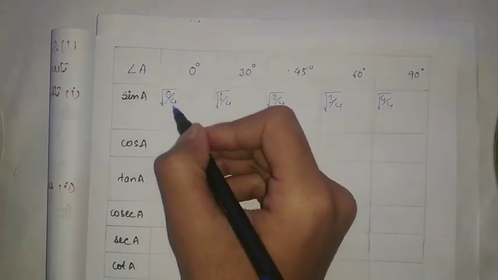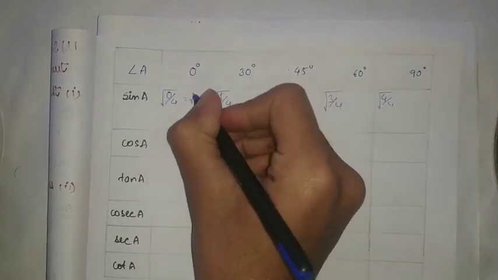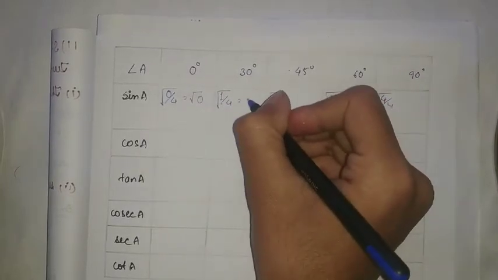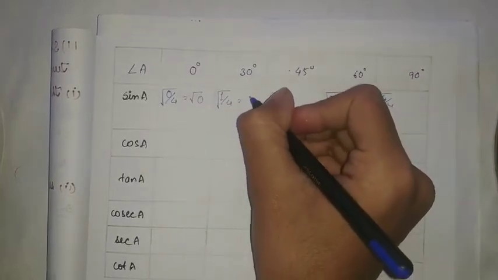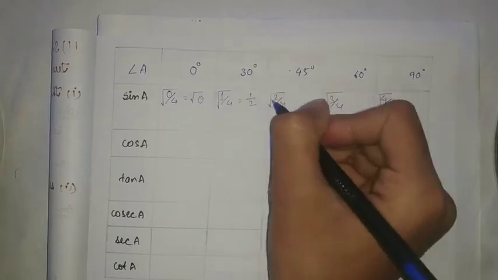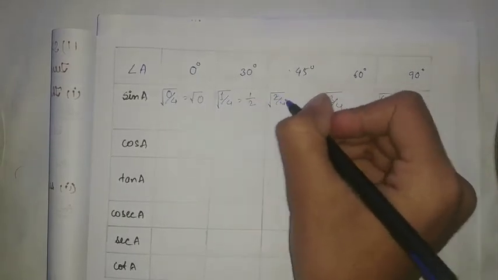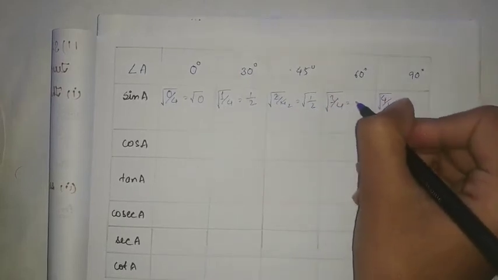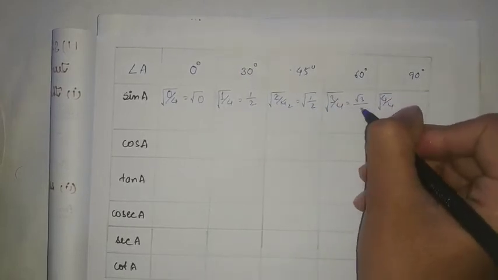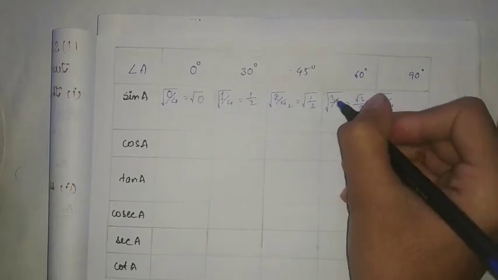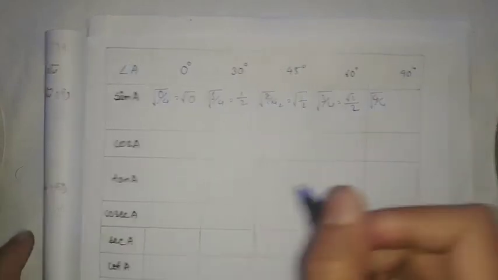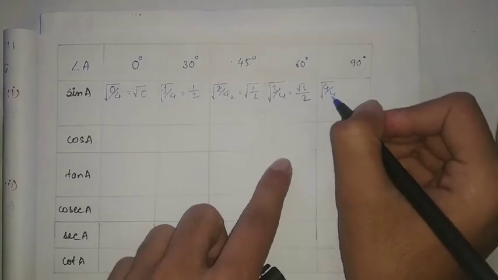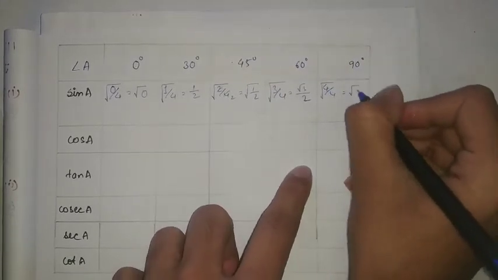So 0 by 4 we get as 0, 1 by 4 we get 1 by 2, 2 by 4 cancels out to 1 by 2 so it becomes root over 1 by 2, which is 1 by root 2, and 3 by 4 becomes root 3 by 2, because root 4 is 2, and 4 by 4 becomes 1, so it becomes root 1.